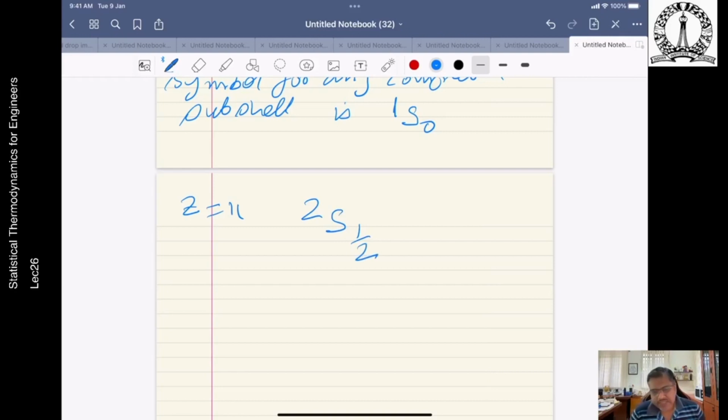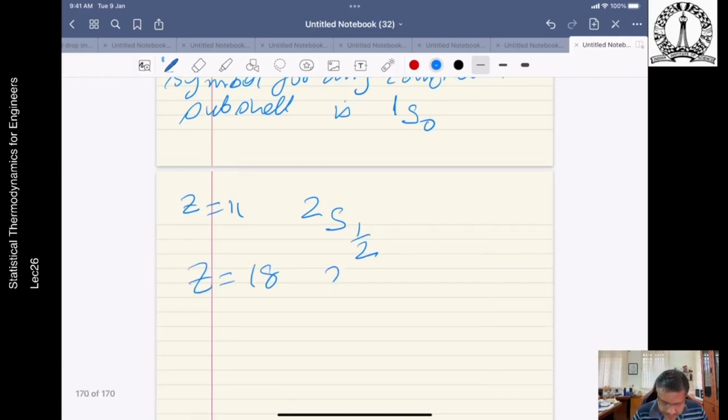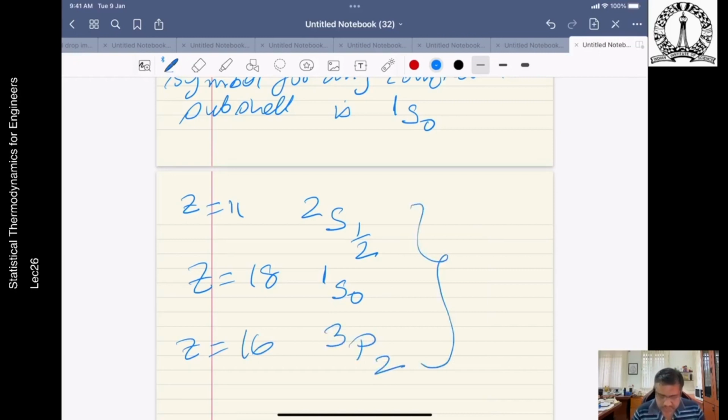Similarly, if Z is equal to 18, the term symbol will be 1S0. Similarly, if Z is equal to 16, the term symbol will be 3P2. These are the different term symbols that we can write, because of the empirical rules for all these things.